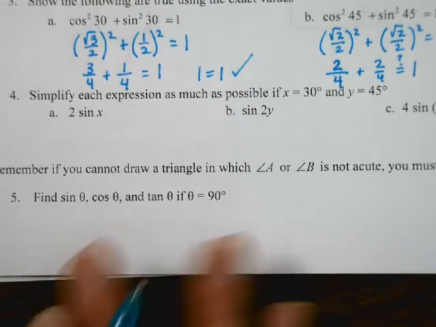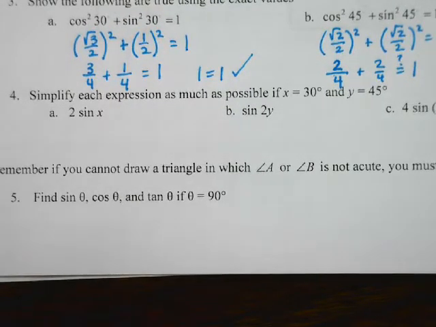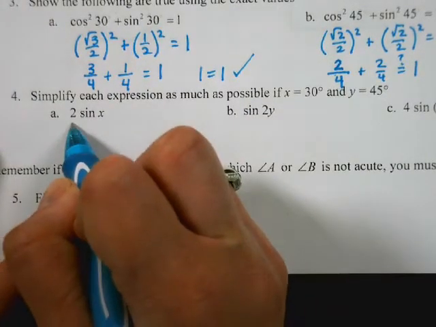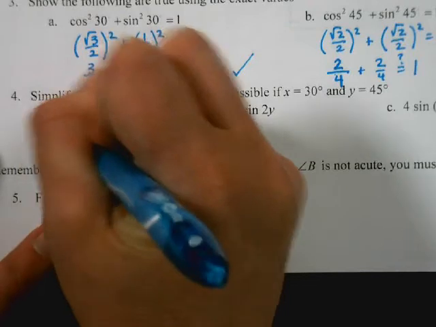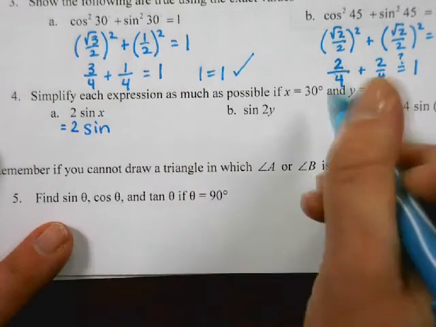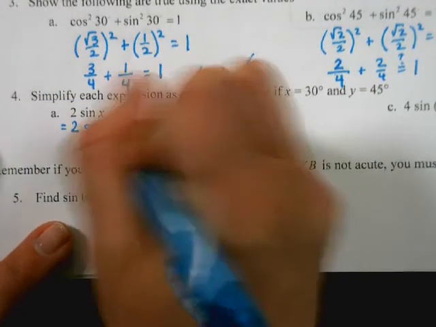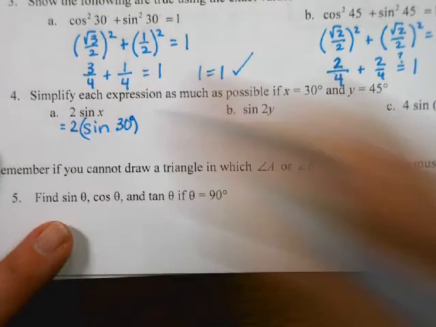All right, number 4 says simplify each expression as much as possible if x equals 30 and y equals 45. Okay, so you're just kind of plugging and chugging with your chart. Here we go. 2 times the sine of 30 degrees. I'll put parentheses around them if that helps.